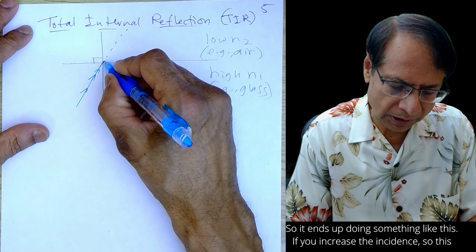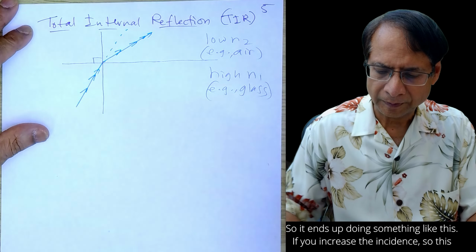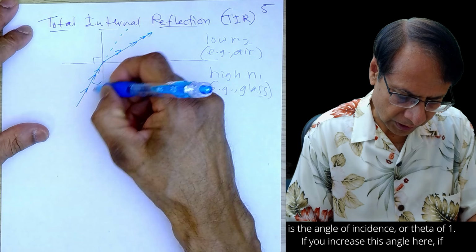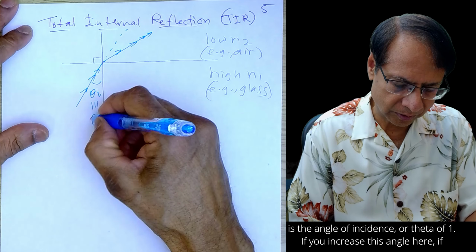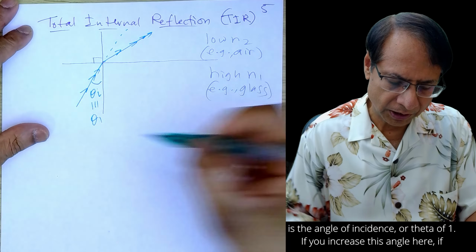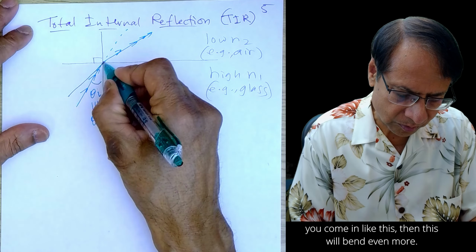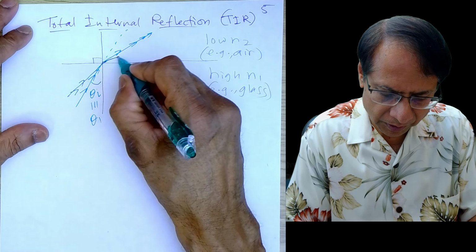So it ends up doing something like this. If you increase this angle of incidence, theta 1, if you come in like this, then this will bend even more.